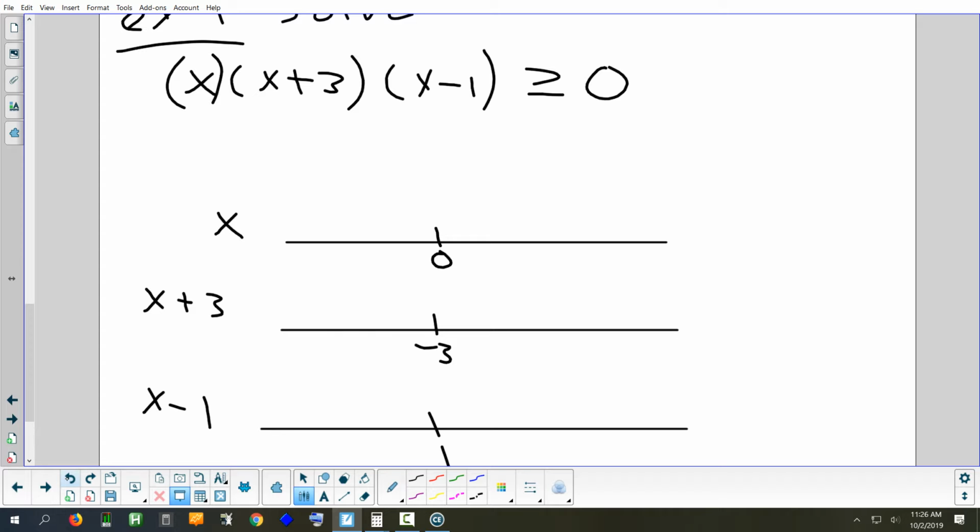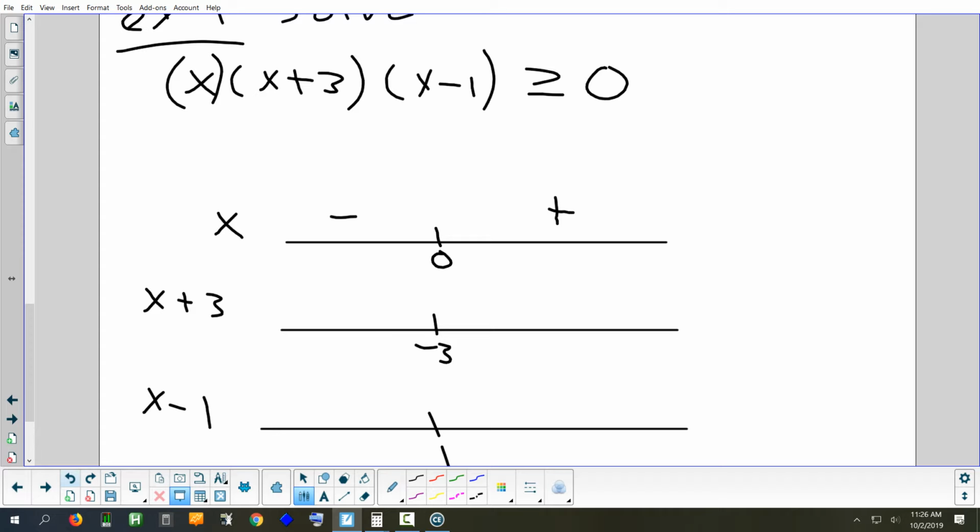So Caleb, if you plug in a number smaller than 0, this would be what kind of answer? So what are my 2 choices? Negative and positive, that's it. So if you pick a number that's smaller than 0, negative, bigger than 0, positive.